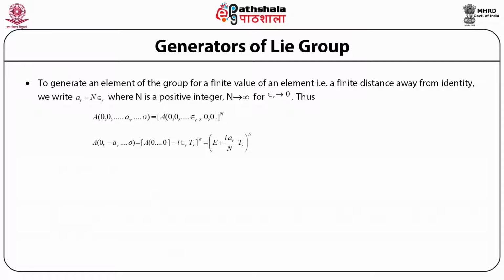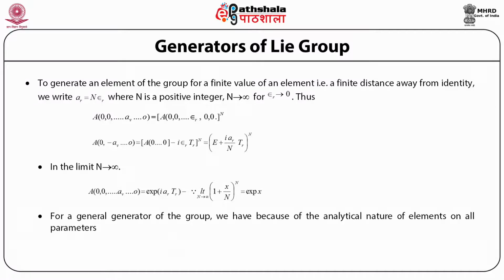Therefore, the element for a finite value of the parameter AR can be written as exponential of I AR TR, where TR is the generator defined earlier, because the limit of 1 plus x by n to the power n as n goes to infinity is exponential x.